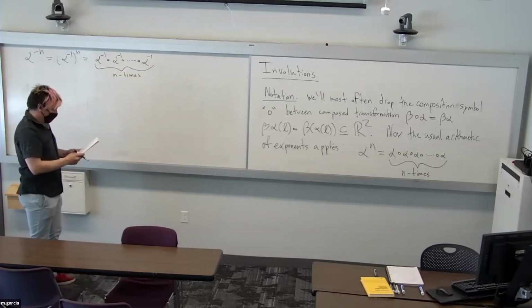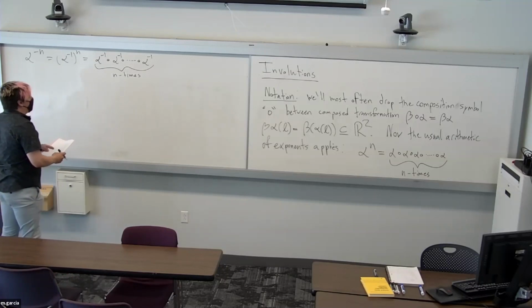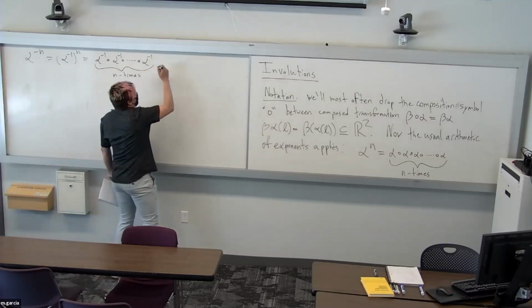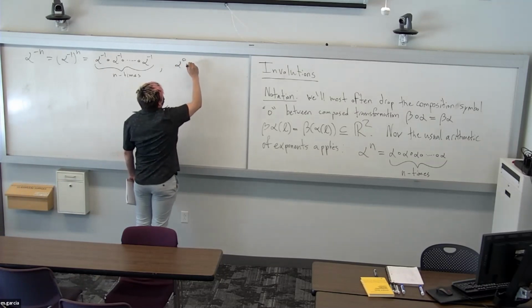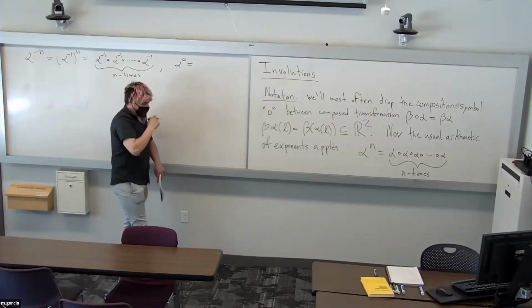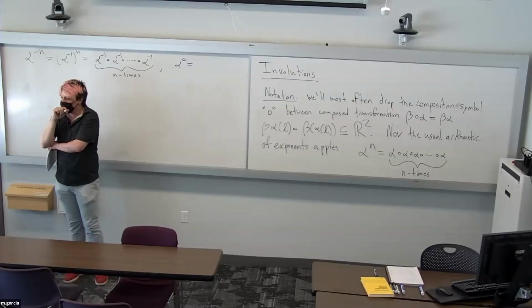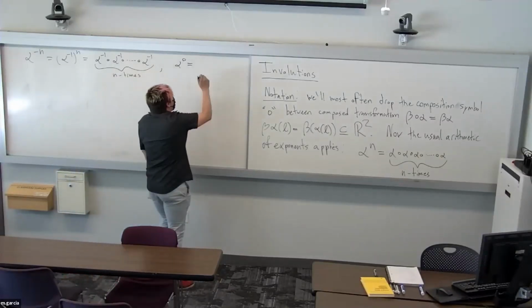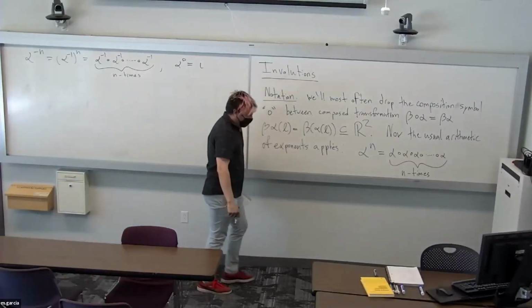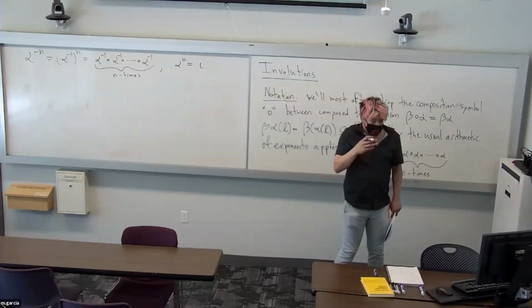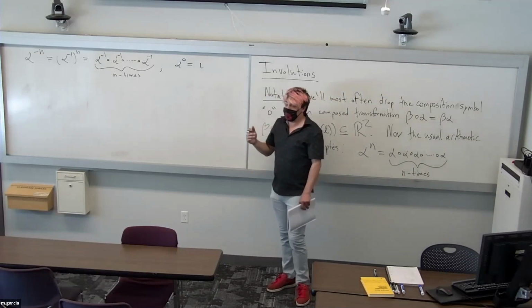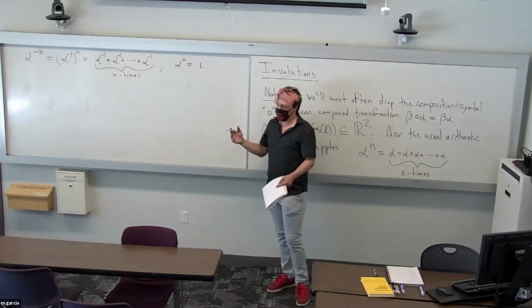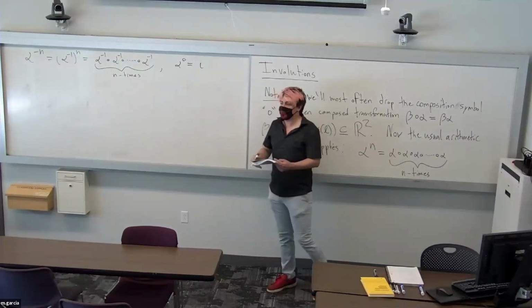So, furthermore, now you tell me what is alpha to the 0? It's just iota. Good. Iota is the identity of our transformation groups. Iota is always the identity of our transformation groups.